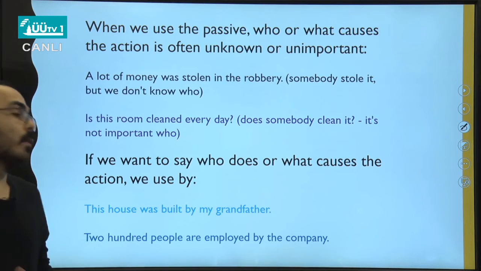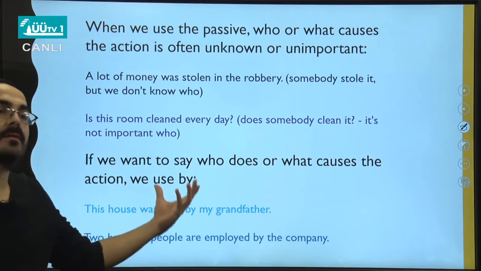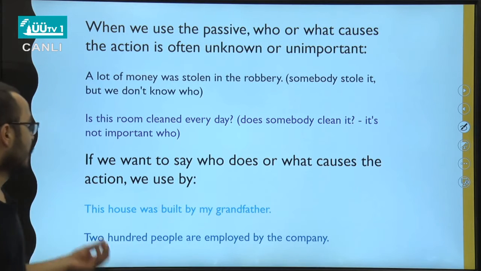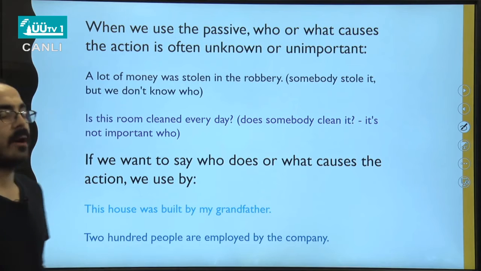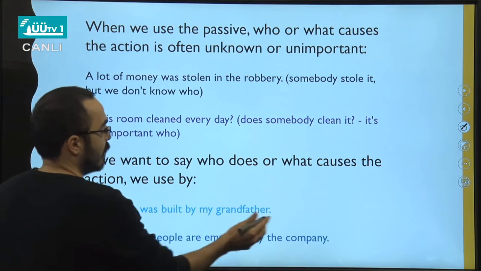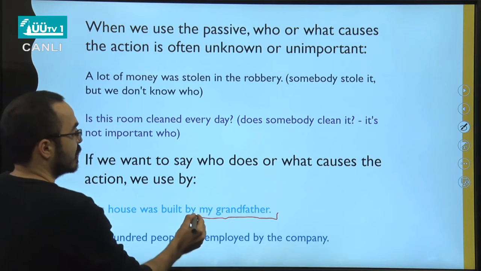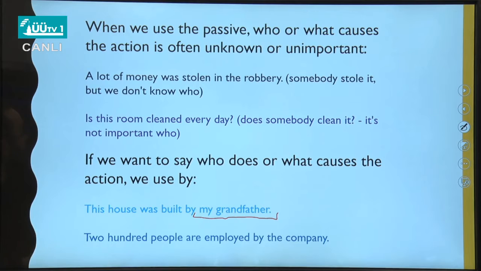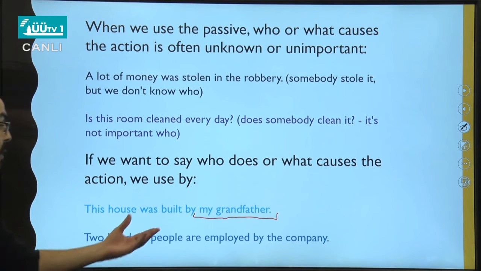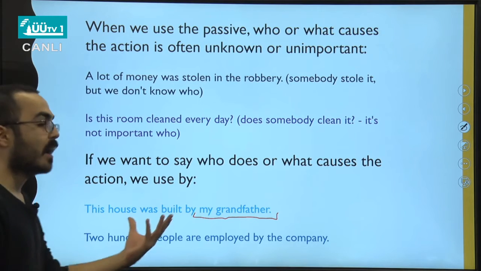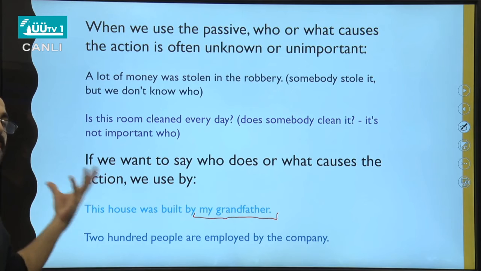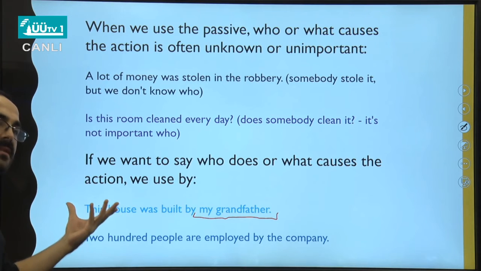Again, you have the option, right? If you want to talk about who performs this action, we use by. This house was built by my grandfather, right? Now the doer of the action is my grandfather, right? My grandfather builds this house actually. But again, if I want to talk about the main thing here, then I have to bring my object to the beginning of my sentence, right?